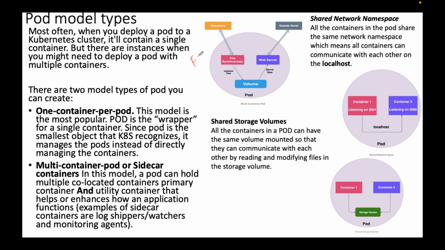Do I need to update anything in the main application, that main process, that main container? Or can I just change the helper container logic to get the files from FTP instead of S3? In that case, do I need to change my main container logic?